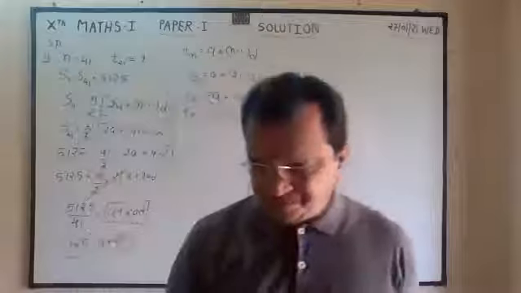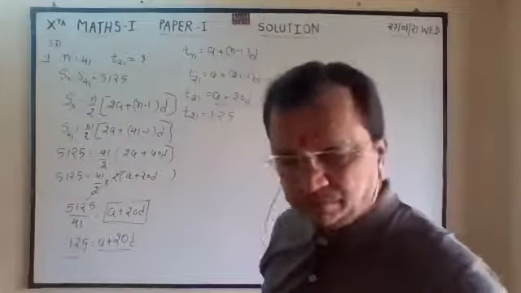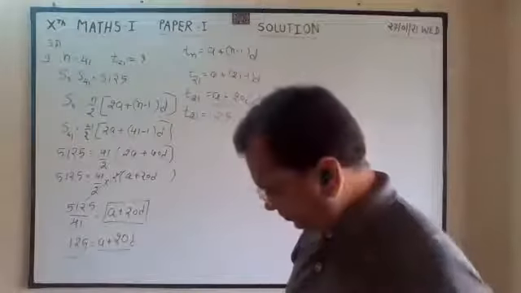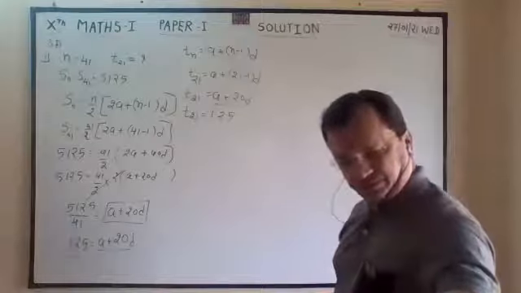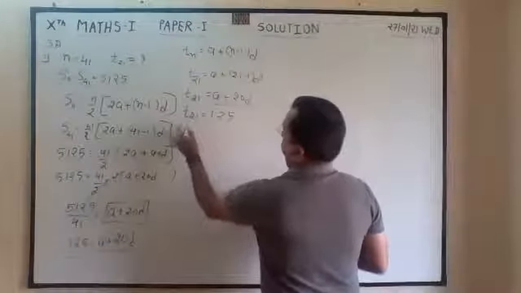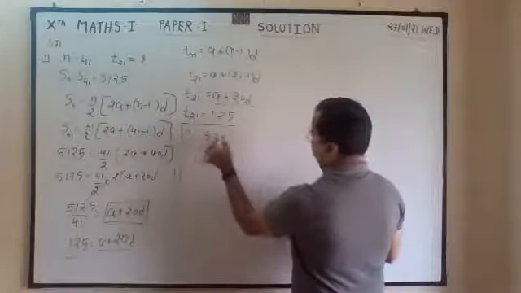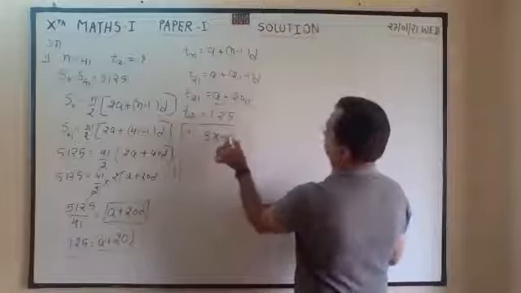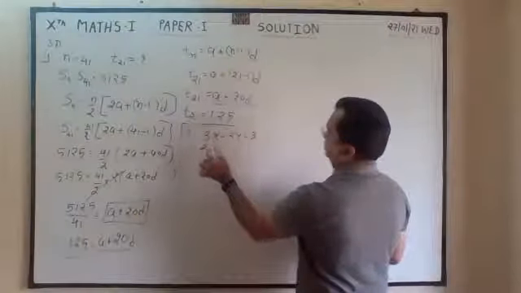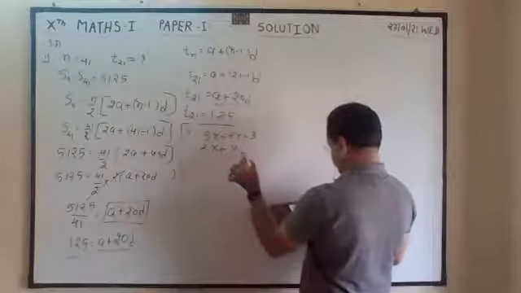Now compulsory question, Cramer's rule. 3x plus 2y equals 3, 2x plus y equals 16.